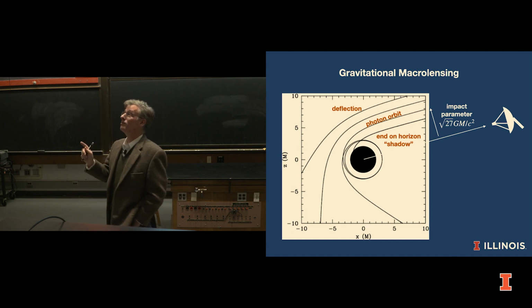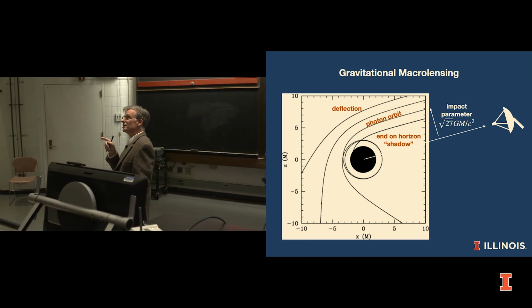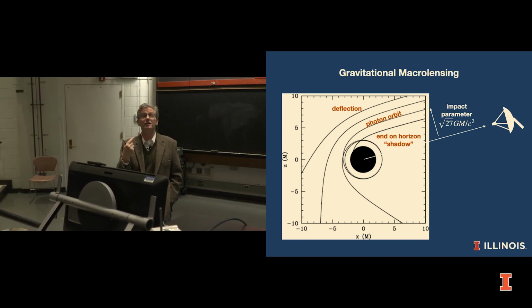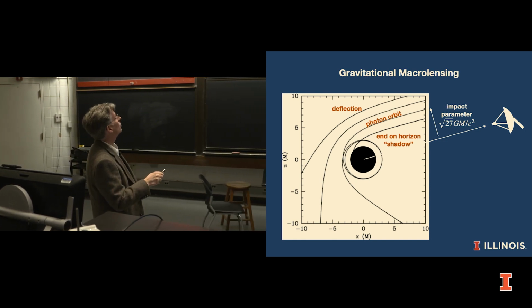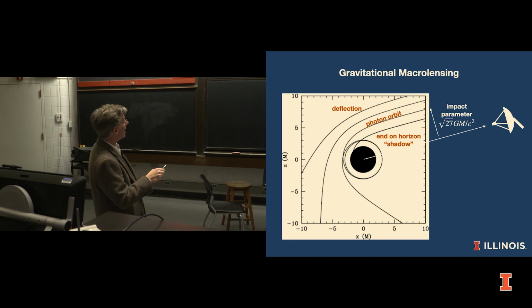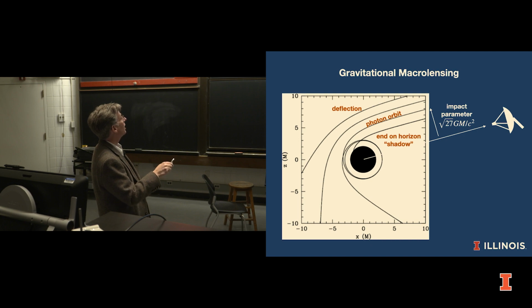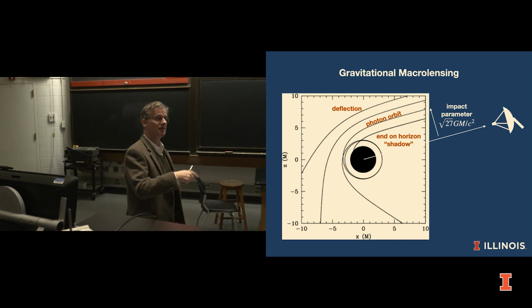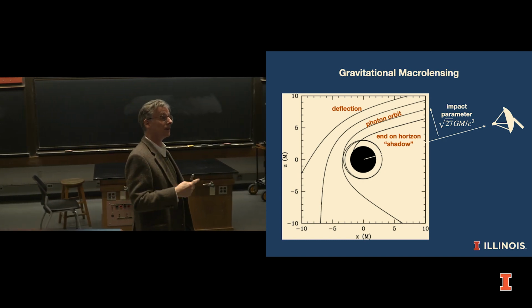Now even more remarkable is that when the line of sight gets closer and closer to the black hole, it gets deflected more and more. Eventually, there's something called a photon orbit that's quite close to the black hole. On certain lines of sight, you actually wind up almost on this photon orbit, where the photons just sit there and run around the black hole like a satellite running around the Earth.